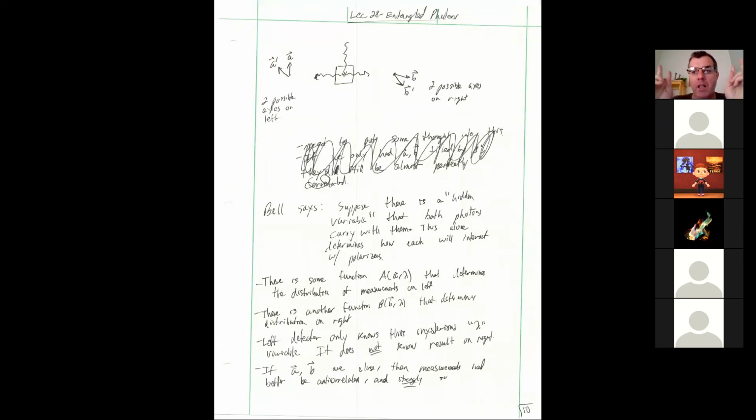And based on what they really are, they say, hey, if I happen to hit a polarizer that's oriented along that axis, I know exactly what to do. But if I hit a polarizer along some other axis, well, there's some rule for a photon that's really in such and such state to decide what to do when it hits a polarizer at some weird angle. That rule could be something other than quantum mechanics.